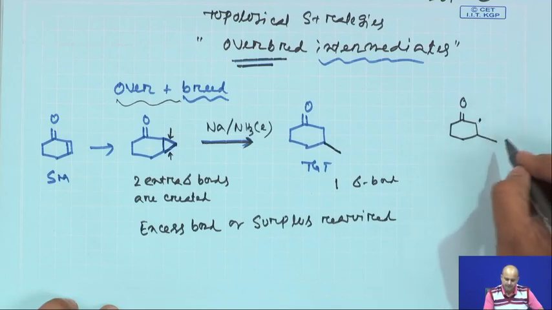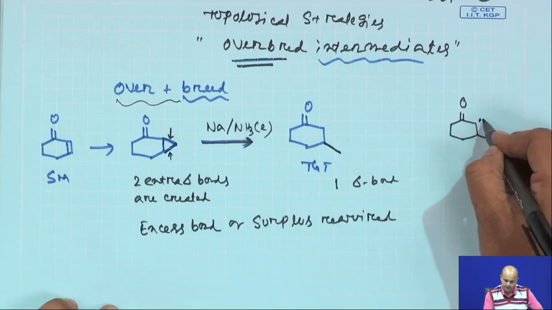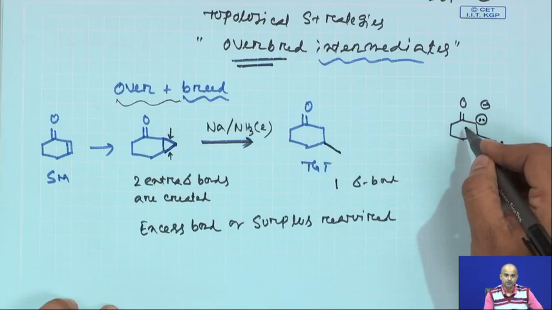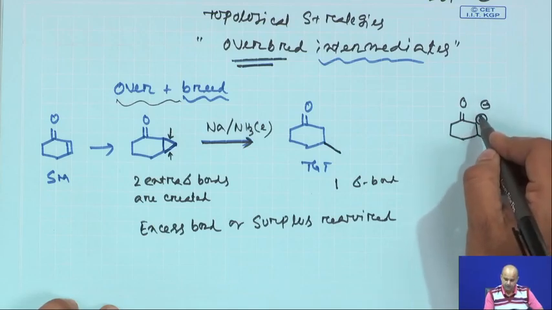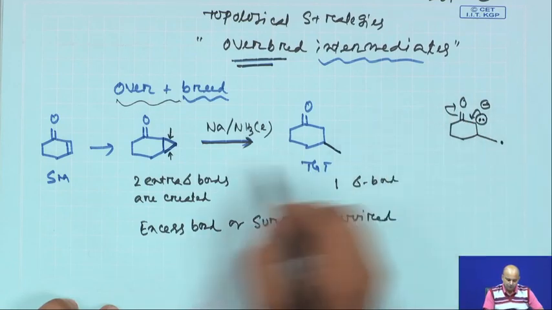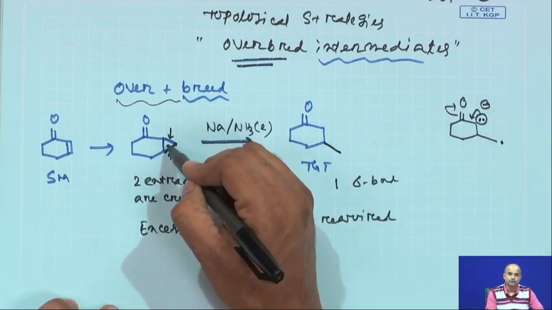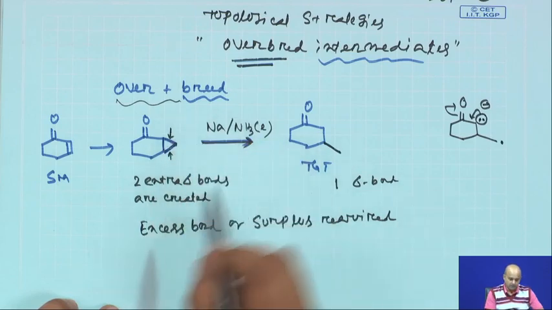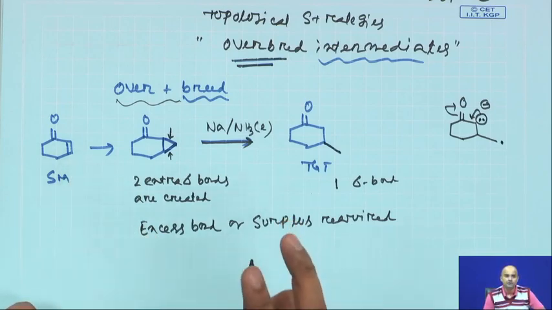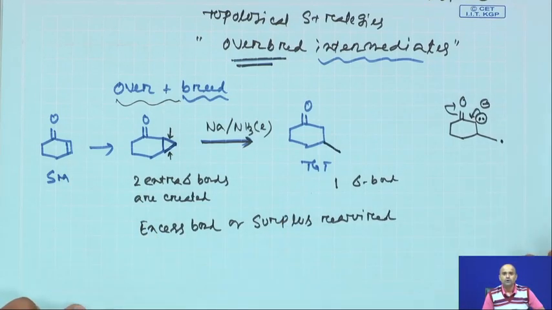You basically have a radical here, which is quenched to give a negative charge, and this negative charge is exceptionally stable and can be easily quenched. So, the extra bond which is not required, we are cleaving it, but by initial visualization you have to create the extra bond. So, this overbred strategy was sometimes very useful.